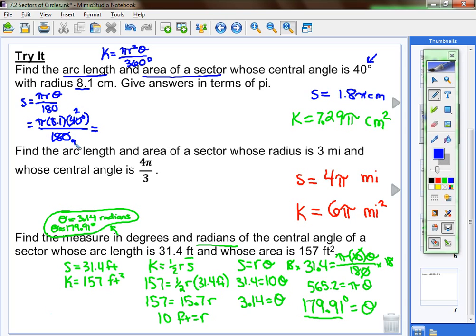So we have 2 times 8.1 times pi divided by 9. And then if we do all of that, 2 times 8.1 divided by 9, we get 1.8 exactly. So 1.8 pi, and we're measuring in centimeters, so that's the arc length.